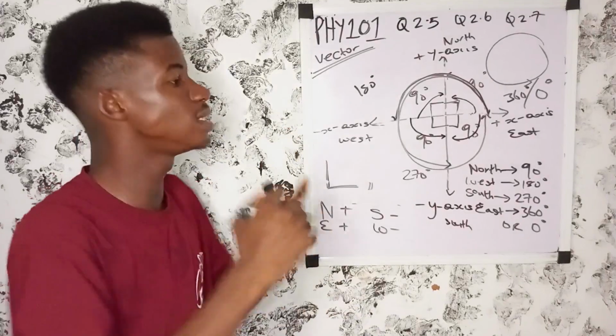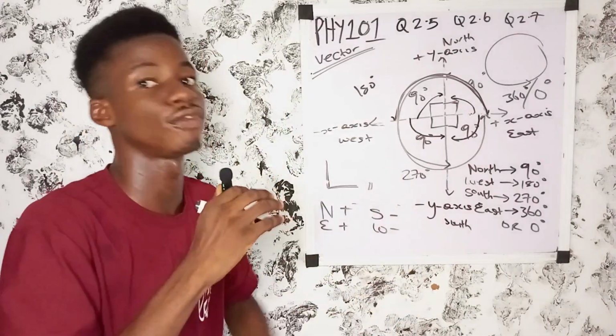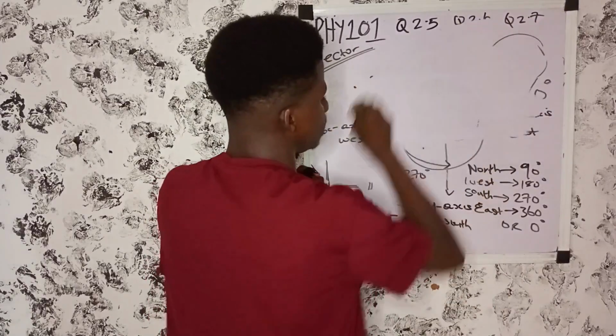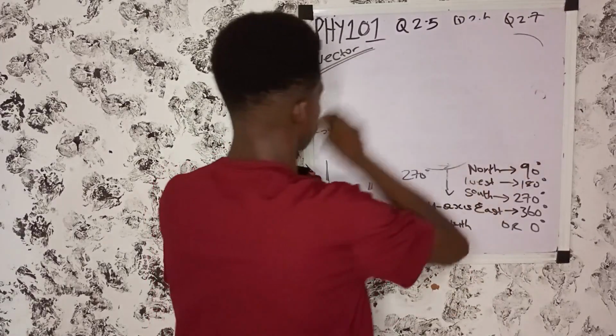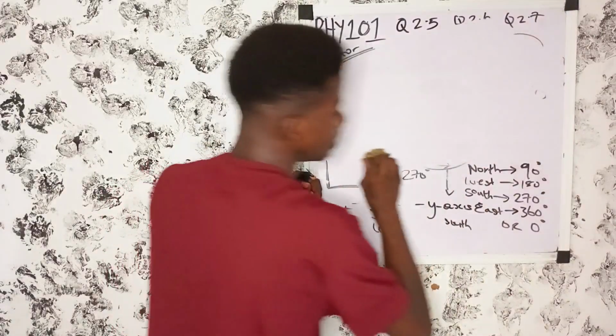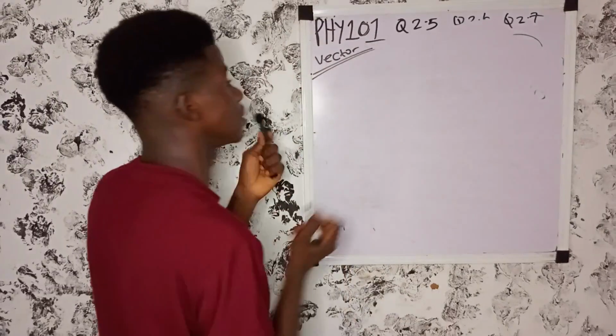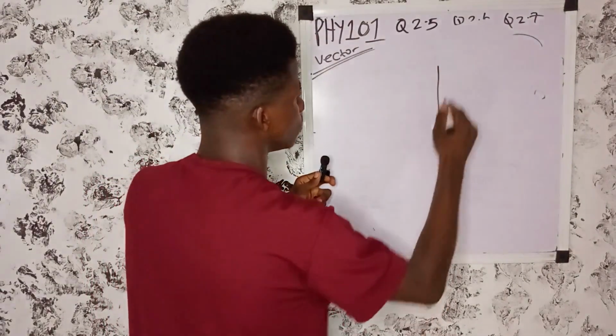Now let me tell you one more thing you need to know before I move to the question. Please take note of all this. Let me just wipe it. We still have the four cardinal points.